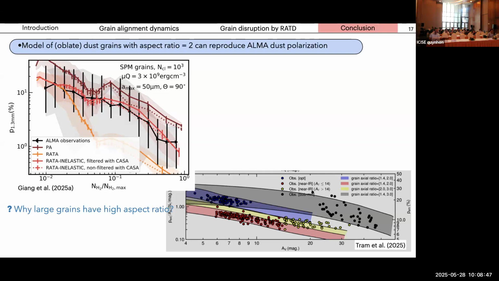So it relates to the question of why large grains have a high aspect ratio, because usually we expect that when grains grow, they will become more spherical. But if grains become more spherical, they will be less aligned and produce less polarized dust emission, and basically we cannot reproduce the ALMA observation.